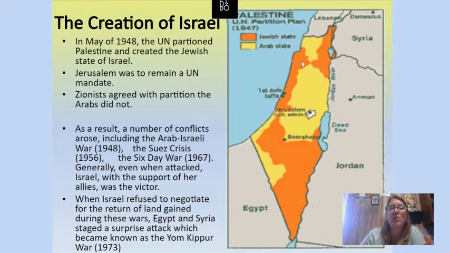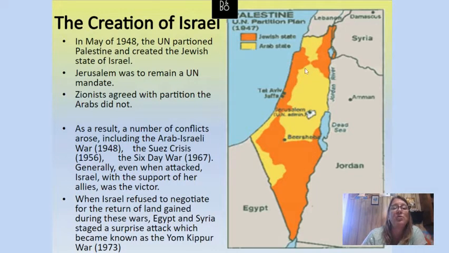Now through this partition, or breaking apart into sections, they're given the areas that are orange to Jewish people, maybe Jewish people who already live there, not many, and all the ones that are coming in due to Hitler and his aggression towards the Jewish people. And then the yellow is the Palestinians and the Arab state.